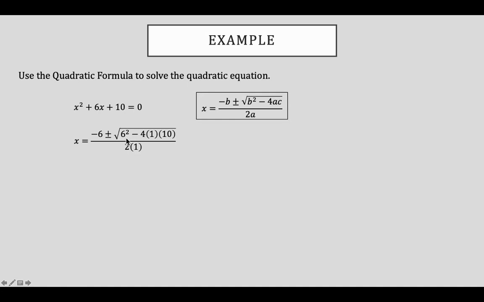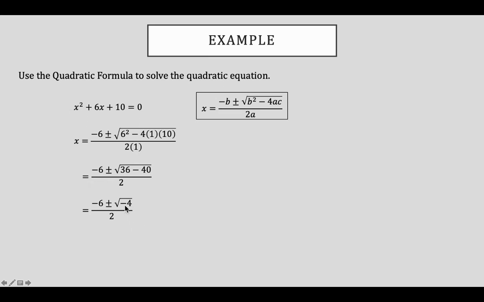We can continue to simplify. Notice 6 squared is 36 minus 40, which gives us a negative 4 inside of our radical. We have negative 6 plus or minus the square root of negative 4, all divided by 2.